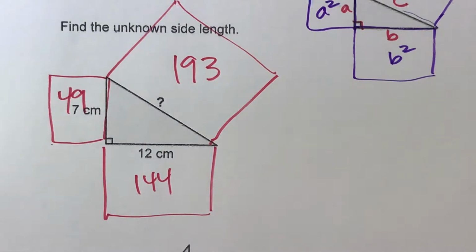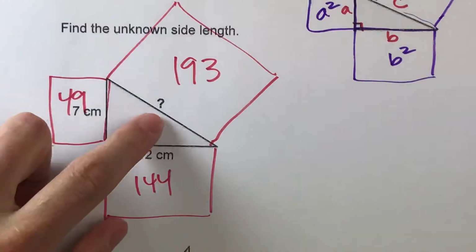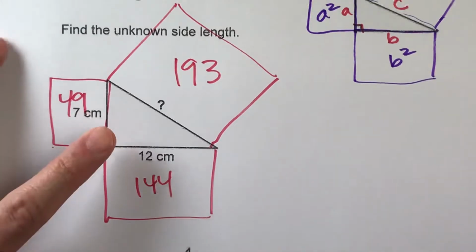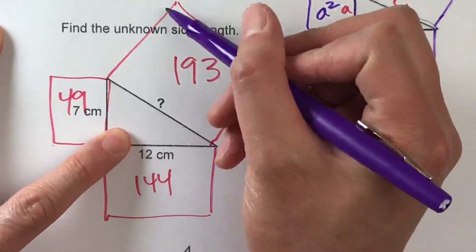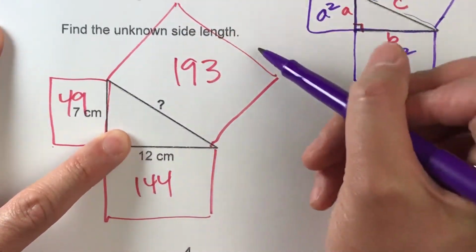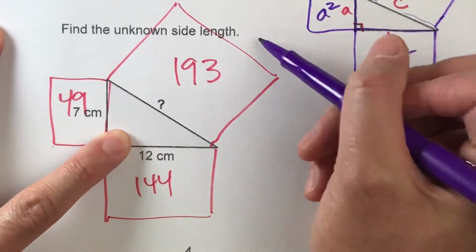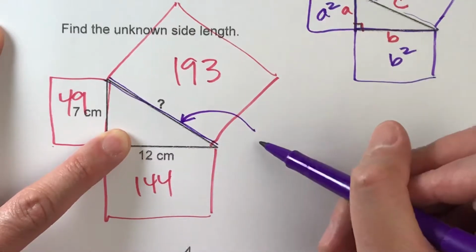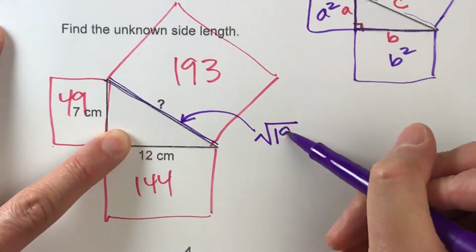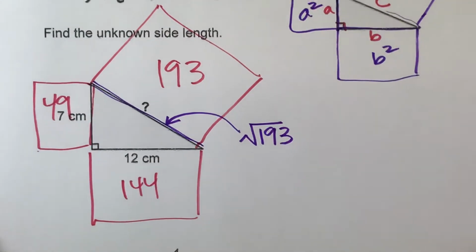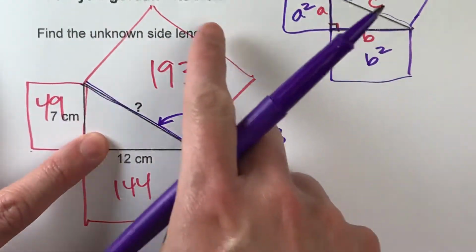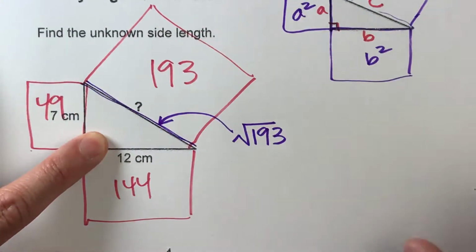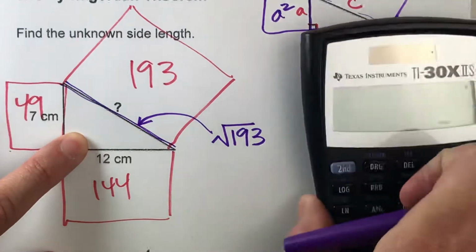Now, how does that find the side length of this hypotenuse, though? Well, it's kind of easy, really. If I know the area of the square is 193, then to find its side length, I'm going to take the square root of 193, because if you're trying to find the side length of a square, you take the square root of the area.